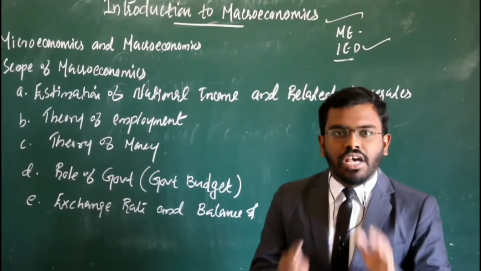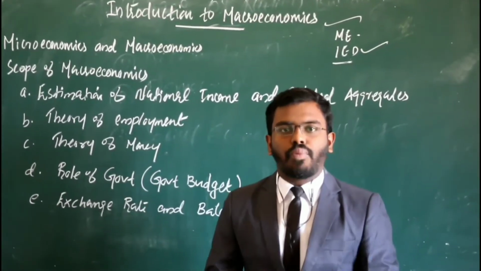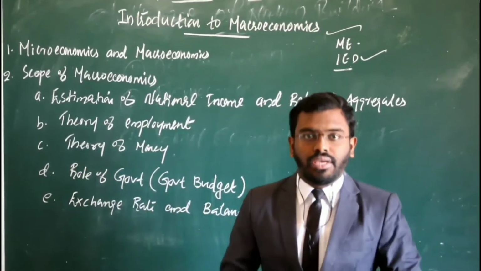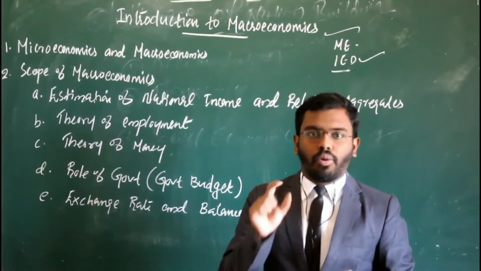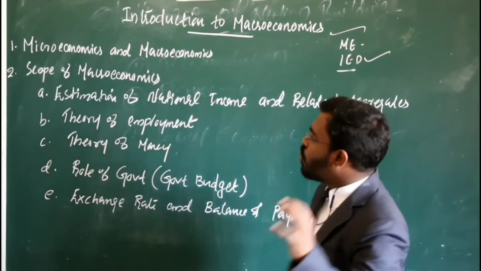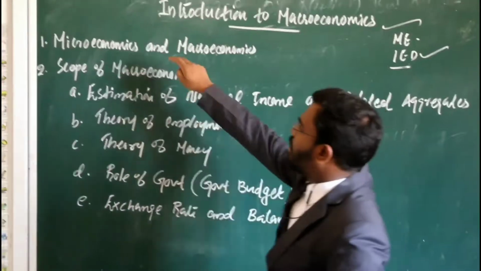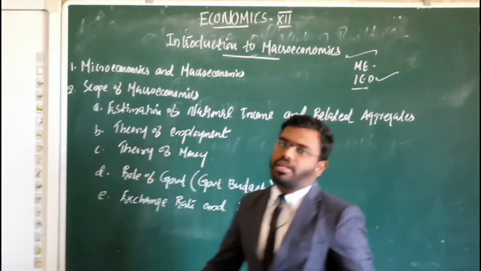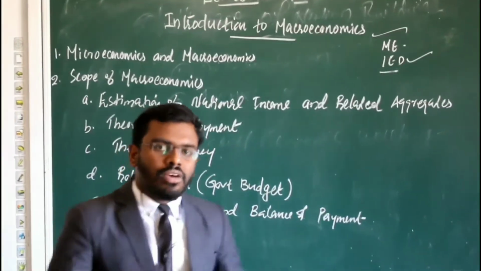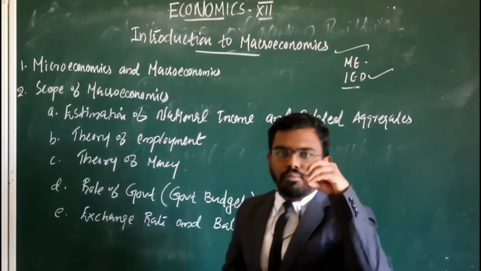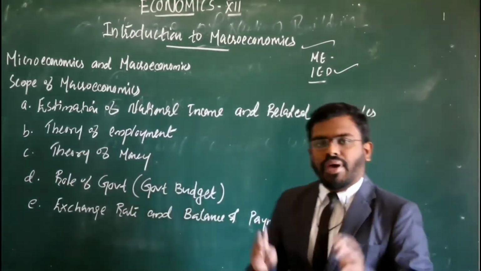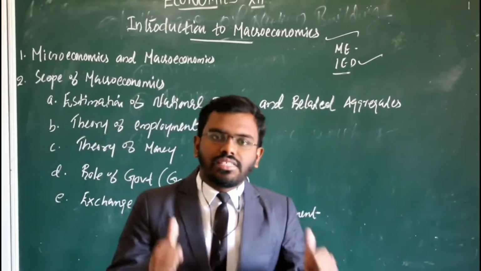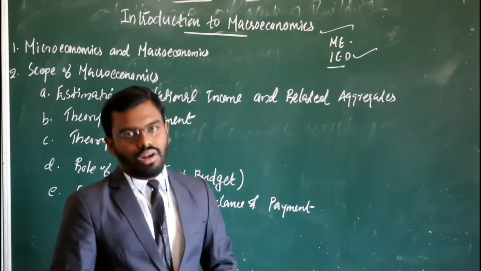But in macroeconomics we will discuss an economy, how the economy operates. The first topic is the difference between microeconomics and macroeconomics. In microeconomics we discuss the economic problem at micro level, whereas in macroeconomics we discuss the economic problem at macro level.